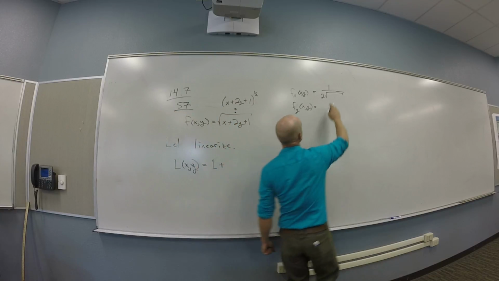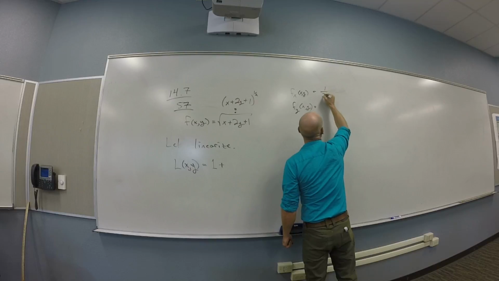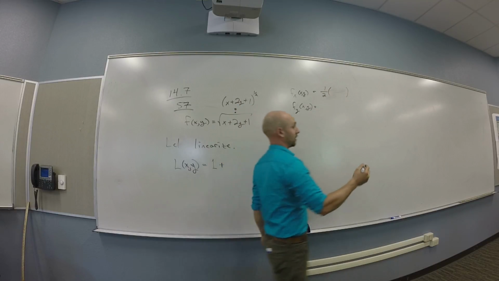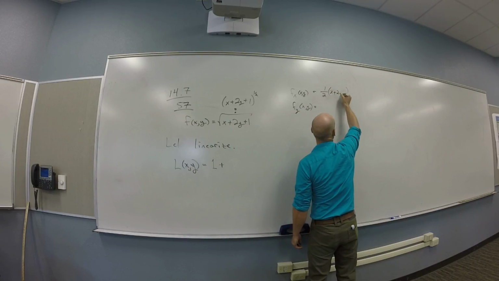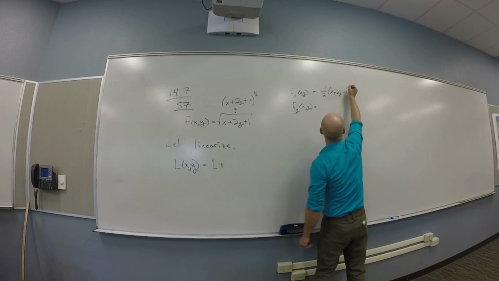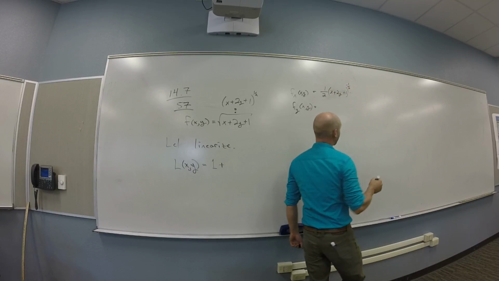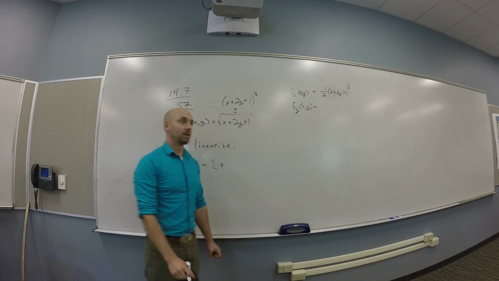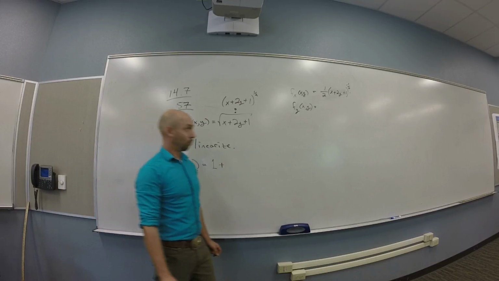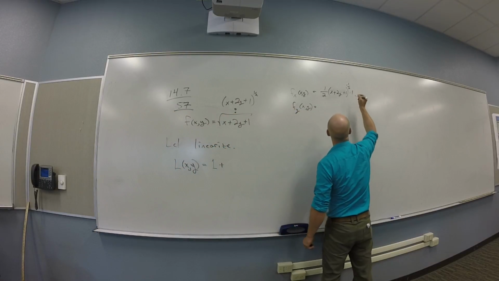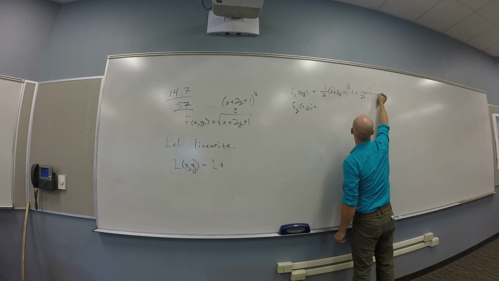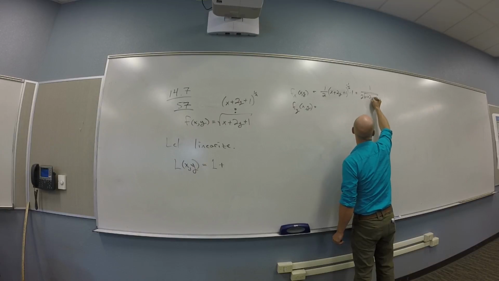I get 1/2, and then the stuff, all of it, because I'm using the chain rule, to the negative 1/2 power. Then I have times the derivative of the inside, which in this case is 1, because I'm differentiating with respect to x. So all told, I get 1/2 times the square root of x plus 2y plus 1 in the denominator.